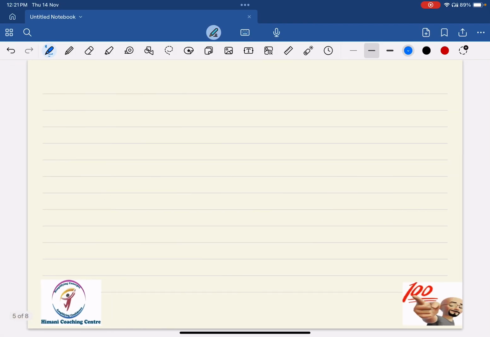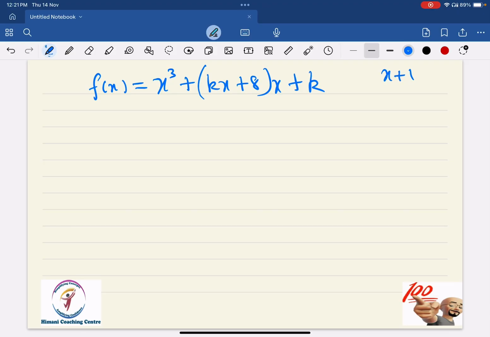So let us first write the question. So we are given f of x as x cube plus kx square plus 8 times x plus k, and we are told that it is divided by x plus 1 and x minus 2. So first let us simplify.